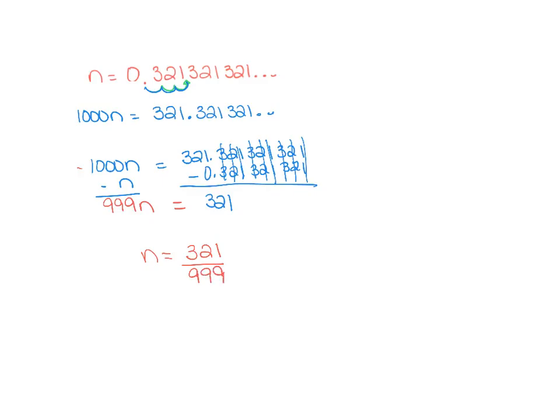Now this can be simplified, but I'm just going to leave it like that, because if my repetition starts right away, I can look at this rule. My numerator is going to be the repetition. The denominator is going to be how many 9s I see in that repetition. And that's only if the repeating decimal starts right at the beginning.